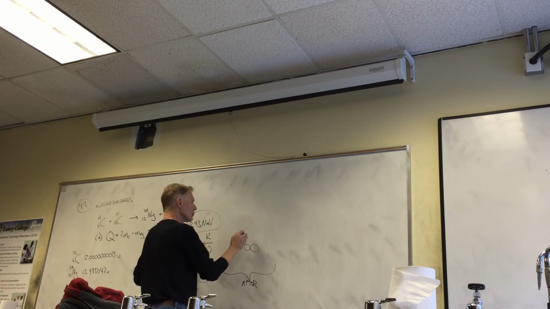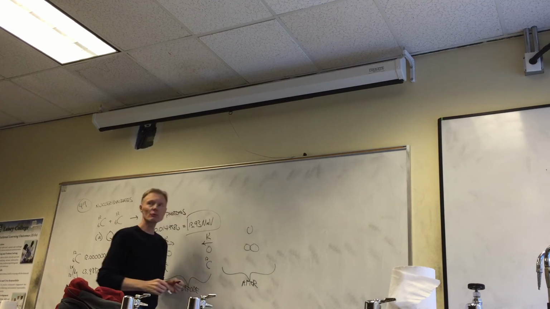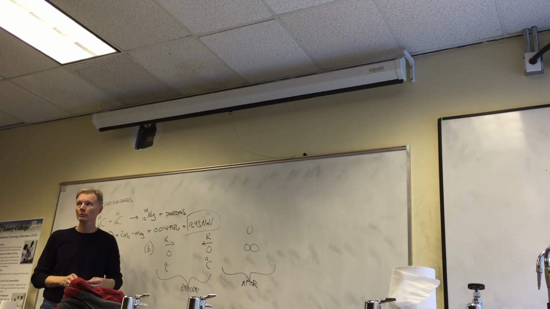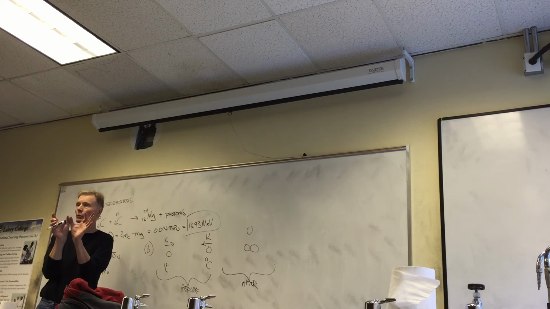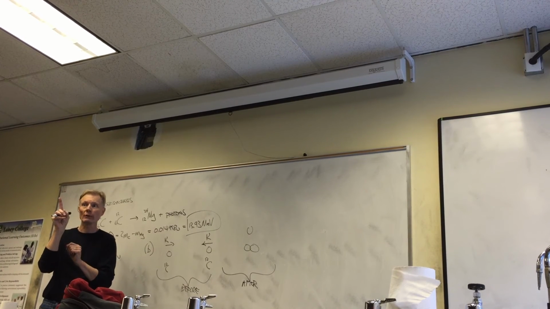So I got two kinetic energies coming in, and then how many potential energies do I have here? How many potential energies do I have between these two nuclei? How many interactions are there? Just one, right?